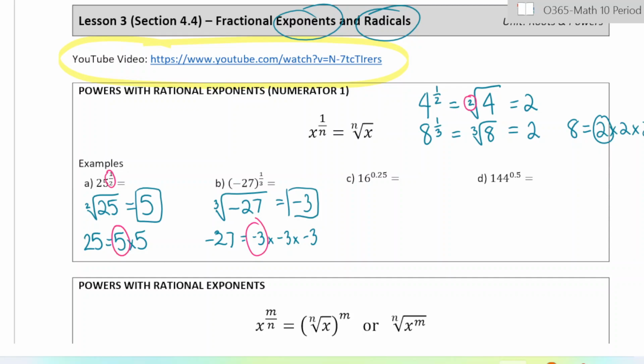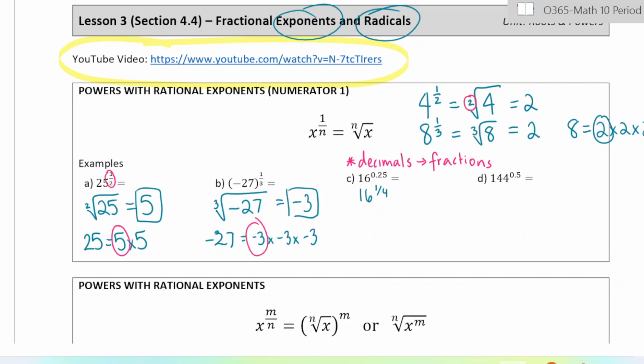Okay, next one. So in this chapter, whenever we see decimals, I'm going to put a little star here. Best thing to do is convert them to fractions, because all of our rules deal with fractions and not the decimal versions of those numbers. So 0.25 is 1/4. So this is the same as 16 to the power of 1/4.